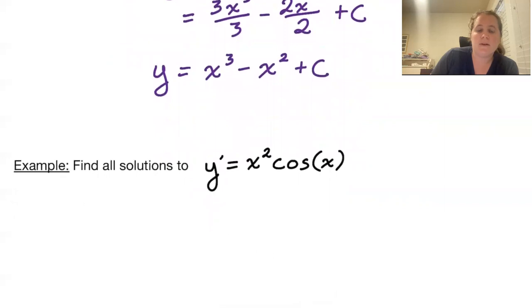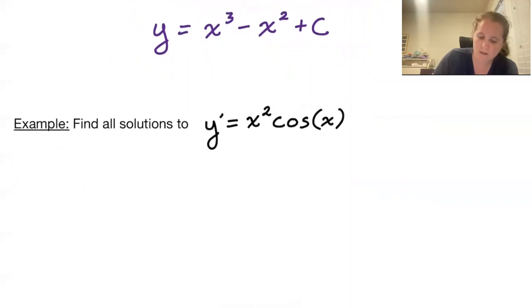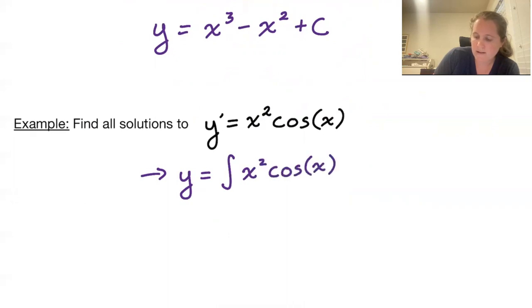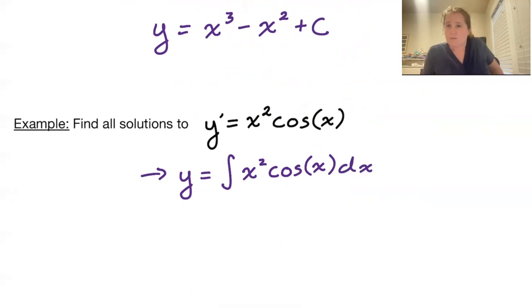Next up, we want to find all solutions to the differential equation y prime equals x squared times cosine of x. So what we have then is y is equal to the integral of x squared times cosine of x dx. I will very quickly run through what I call rapid repeated integration by parts in this problem.